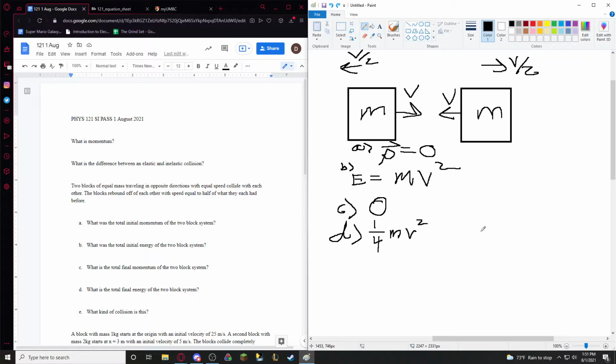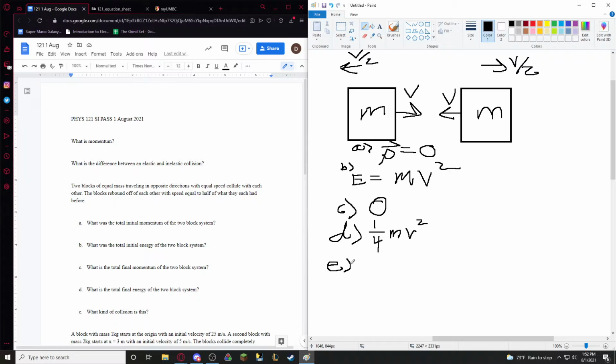So what kind of collision was this? This is an inelastic collision, because we lose energy. Is it a perfectly inelastic collision? No, it's not because they didn't stick together.